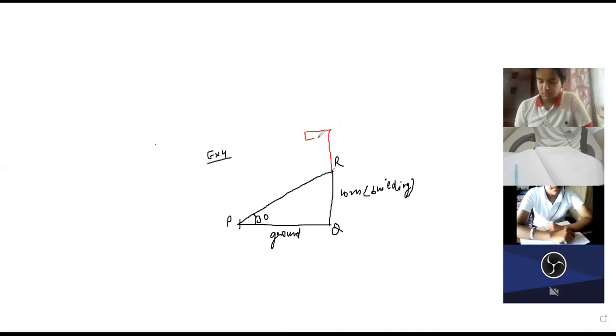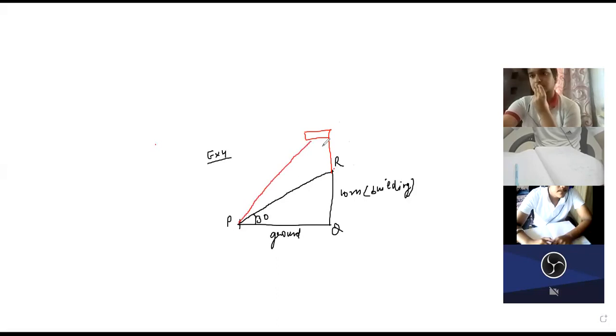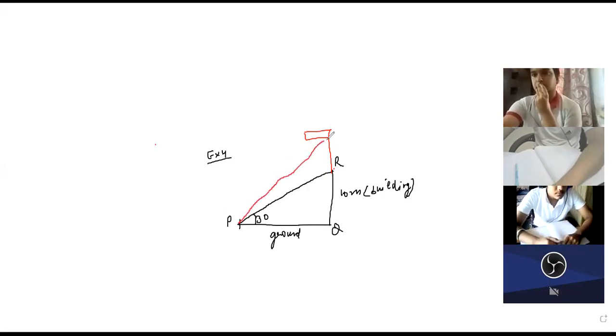This is a flag on the top of the building. Now he's saying a flag is hoisted at the top of the building and the angle of elevation of the top of the flag from point P is 45. So this angle of elevation up to here is 45.